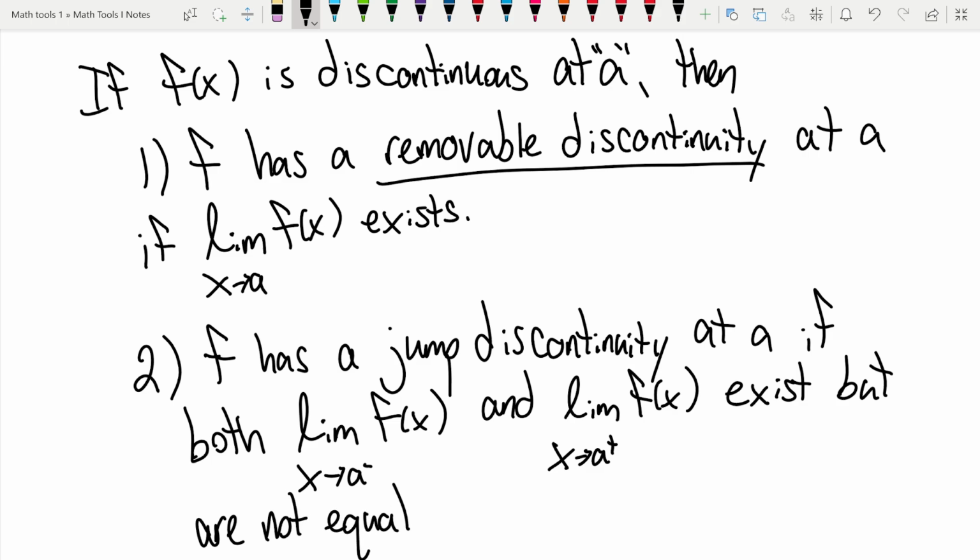Okay, so the limit overall does not exist, but both of the one-sided limits do exist, right? So this would be a jump discontinuity.